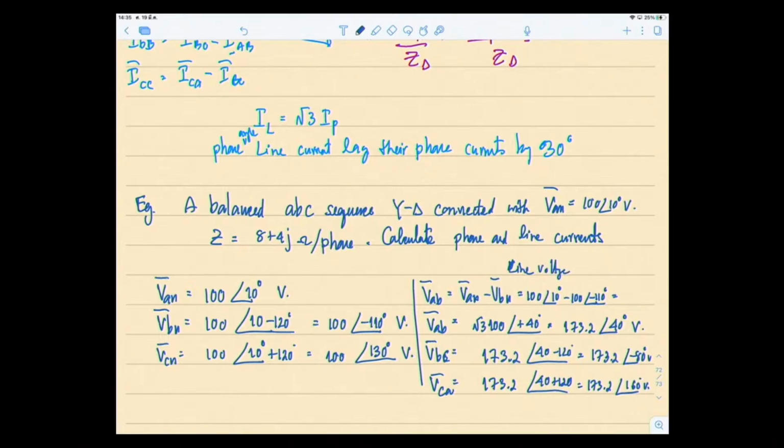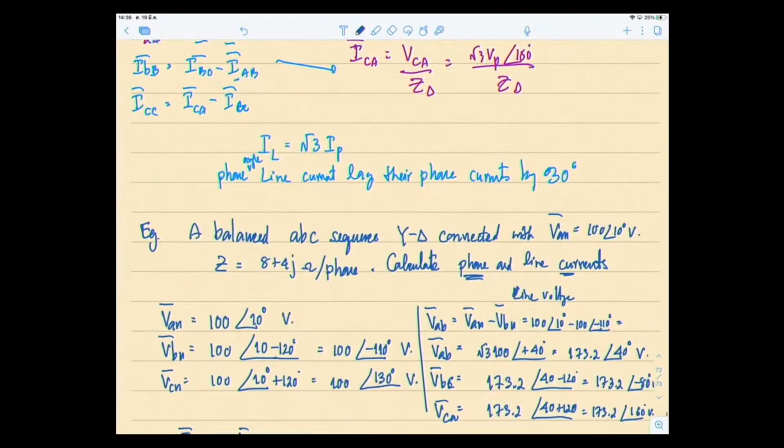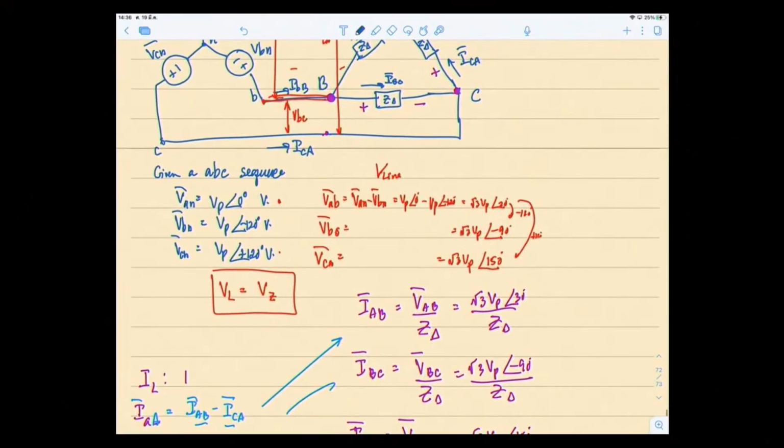We want to find phase current. Phase current in this case is the current on the load side, the phase on the load side. So it will be IAB. And of course IAB is the voltage drop across that impedance, Z delta. And we know from the configurations that the V line is the same as the voltage on the load side of each phase.